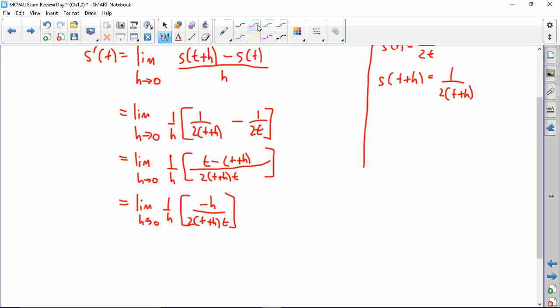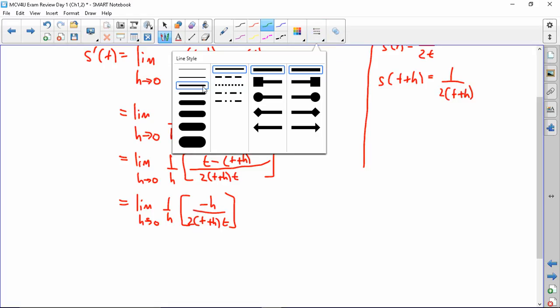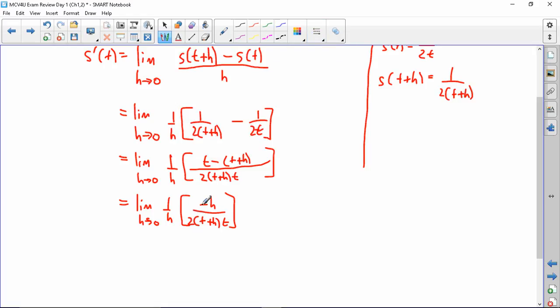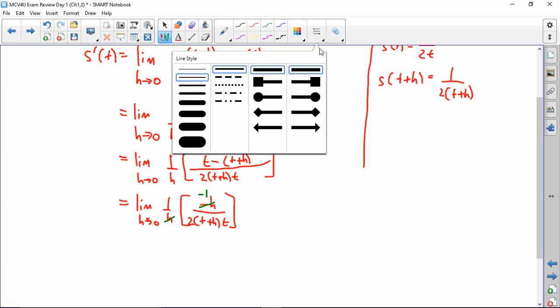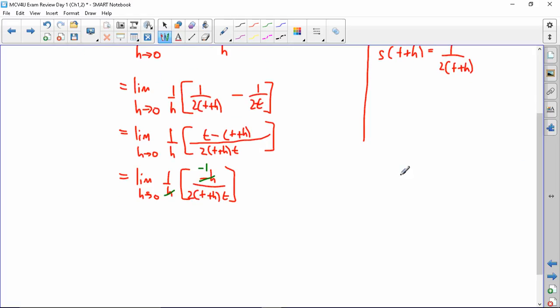And just like we knew it was going to work, I can cancel the h and the h. This leaves me with minus 1 here. And now, in this expression, I'm going to rewrite this: minus 1 over 2 times t plus h times t.